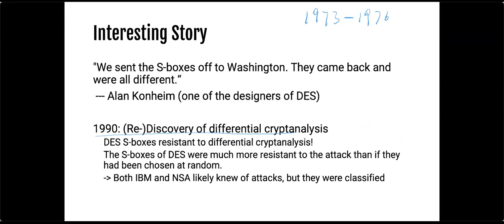So there's a rumor saying that actually in the 1970s, before the discussion of DES, both IBM and NSA likely already knew about differential cryptanalysis, but it was classified. They didn't announce to the world the existence of such an attack because they didn't want bad people to take advantage of it.